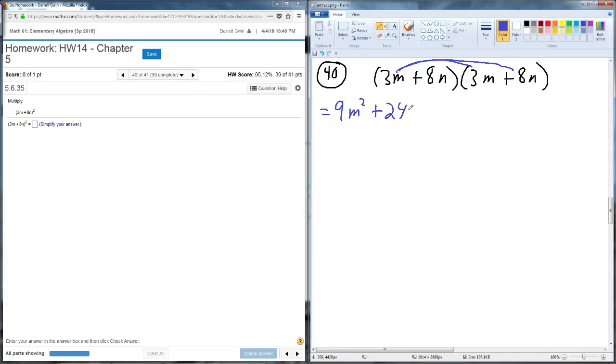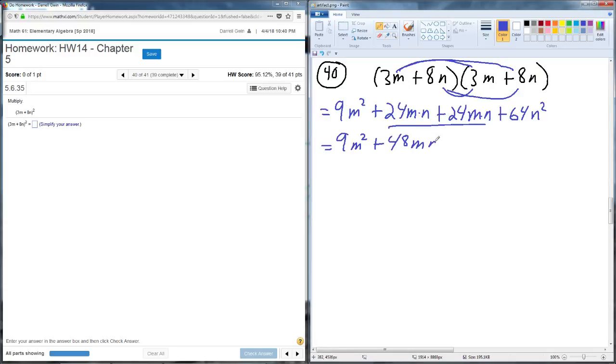M times n is m times n. Okay, 8 times 3 is 24 again. N times m, well, I'll just put it in the right order. mn. And then 8 times 8 is 64. N times n is n squared. Combine like terms. 24 plus 24 is a 48 mn 64 n squared.